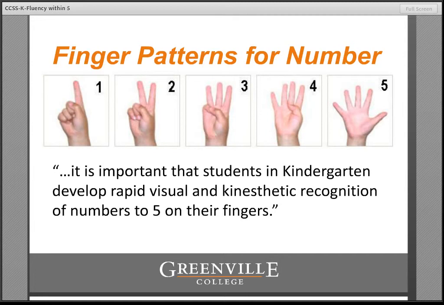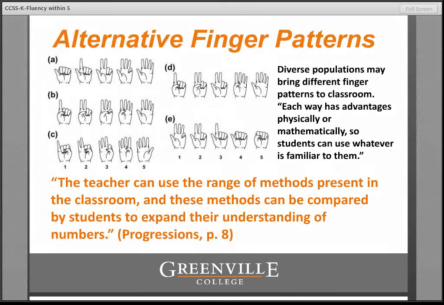However, in some countries, putting up the thumb first is 1. And so you see that as being the A pattern here, where 1 is thumb out, and 2 is where the thumb and the index finger are out. B is the familiar pattern you see in the US, and C is where the pinky finger goes out first. And there's even some other variations that you see with D and E.